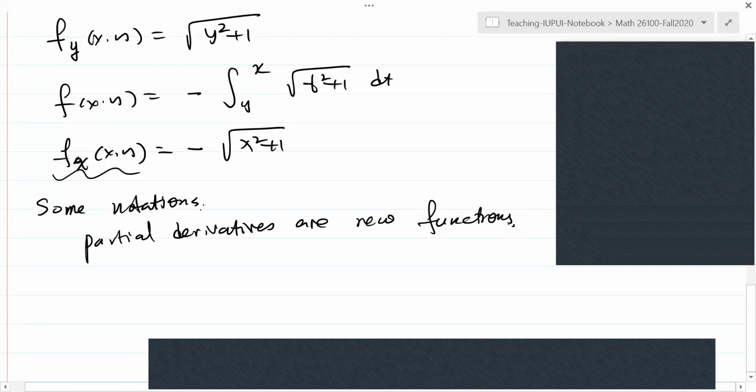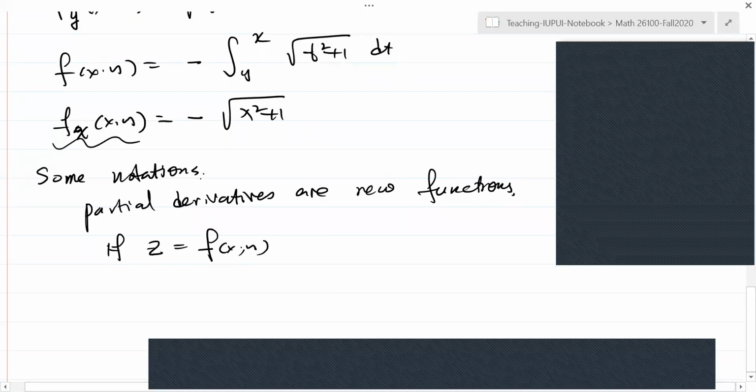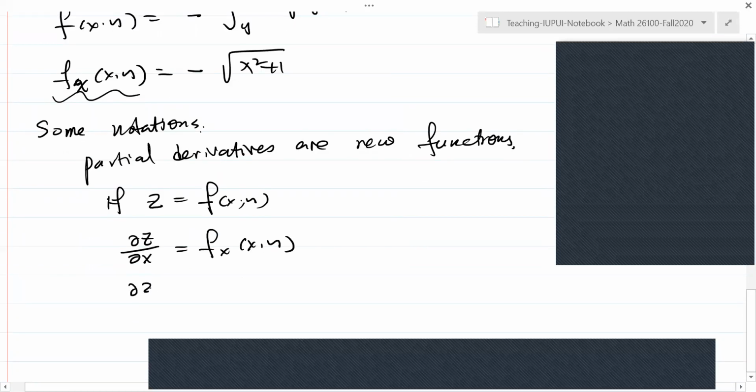Here's a notation. Remember, if z depends on x and y, then this notation means f of x, and this is a new variable. So z is a variable.